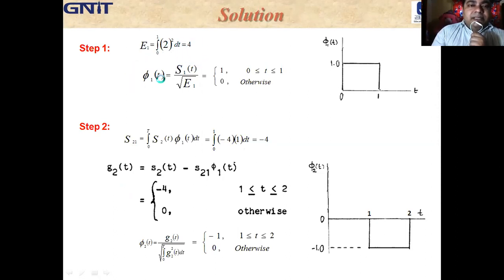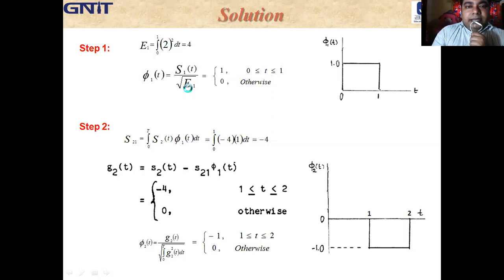So the first basis function phi 1t is s1t by root over E1, which belongs to 0 to 1.